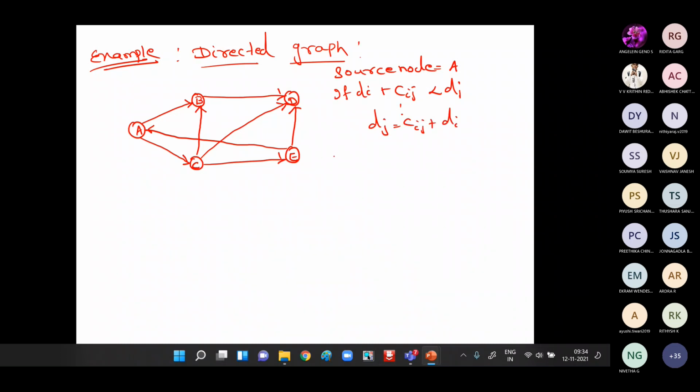Anything you can write here. The distance of the source vertex to itself is always 0 and other nodes are infinity, guys. Always remember this and mark it also.